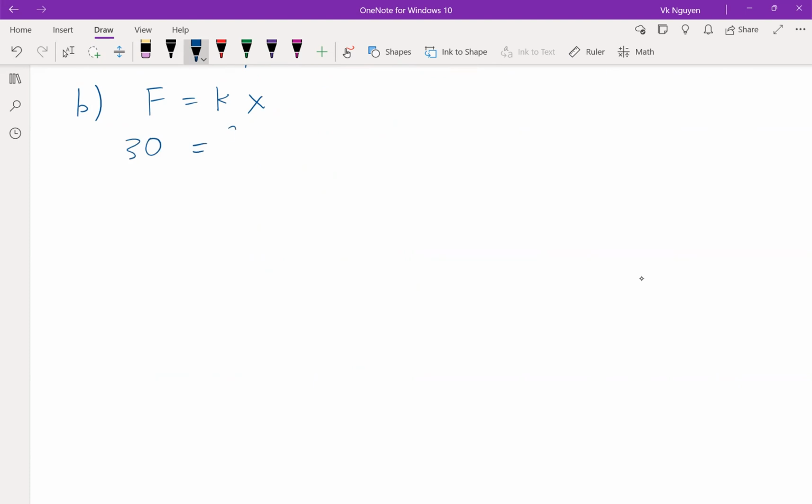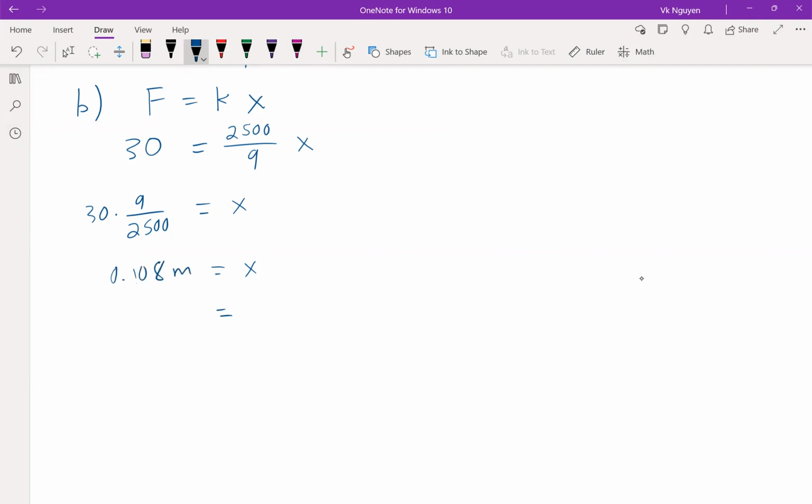Then we know k is 2500 over 9, but we don't know x. That is it, right? Simply solve for x. So x could be 30 multiplied by the flip of 2500 over 9, so 9 over 2500, which is 0.108 meter.